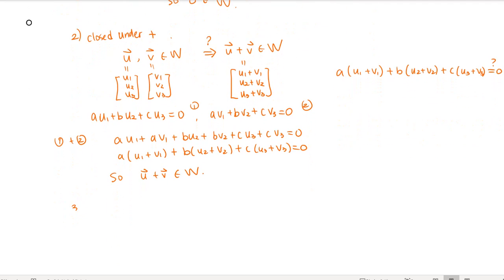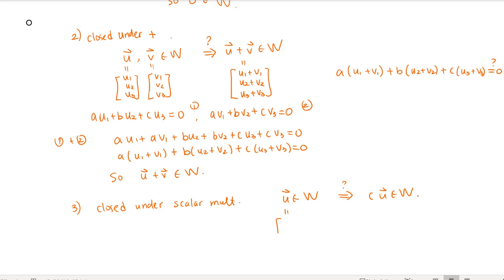Next, closed under scalar multiplication. Okay, what does that mean? Suppose U is in W, and we want to show whether c times U is in W, where c is any real number.